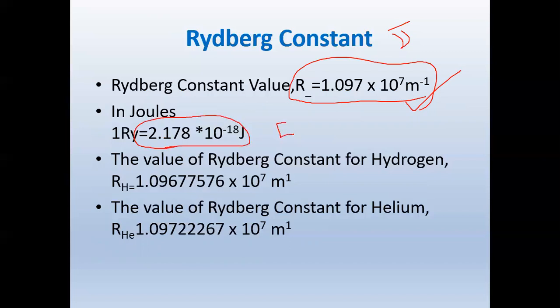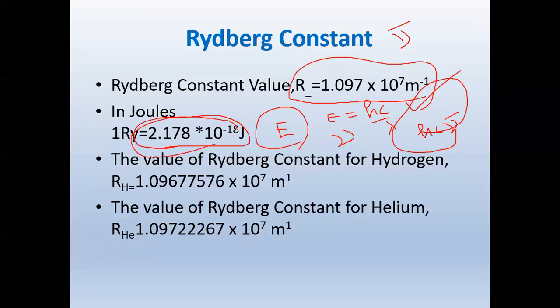I hope you know how this energy unit is coming. So you know E is equal to hc by lambda, and 1 by lambda is equal to nu bar, so E is equal to hc nu bar. So in such cases, your Rydberg constant becomes this value. Since when we are using this energy value, in such cases, this 2.718 into 10 raised to minus 18 joules will be required.